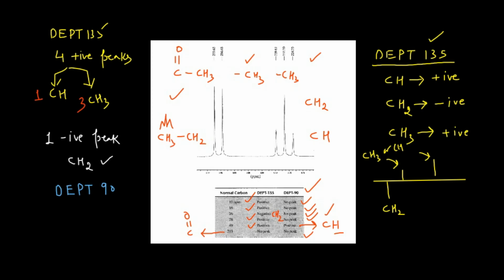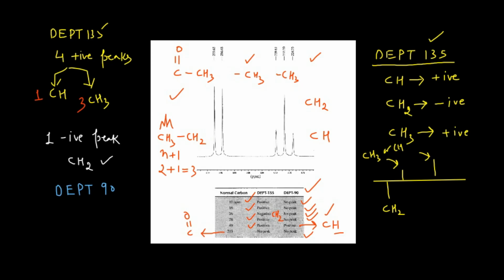you need to look at the hydrogens present on the neighboring carbon. So if you want to calculate the splitting pattern of these 3 hydrogens, you need to check the number of hydrogens on the neighboring carbon. The neighboring carbon is this one and it is having 2 hydrogens only. So you can apply the n plus 1 rule, where n is the 2 neighboring hydrogens, plus 1, that will give you 3.